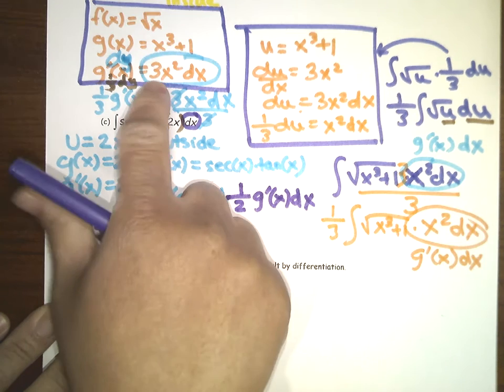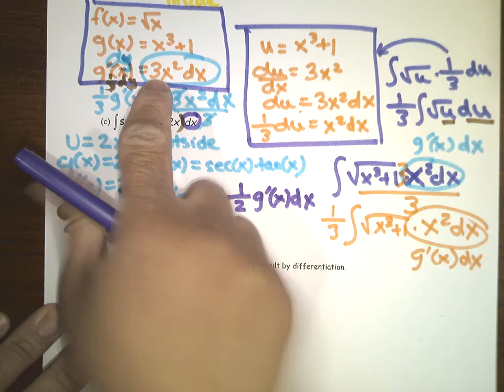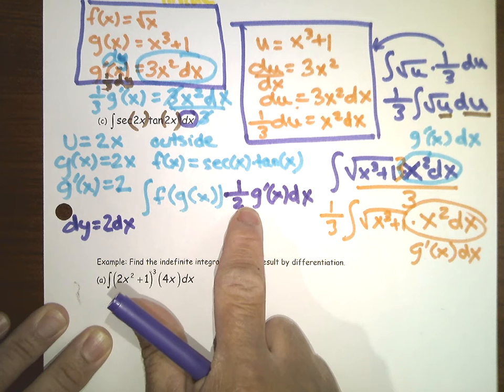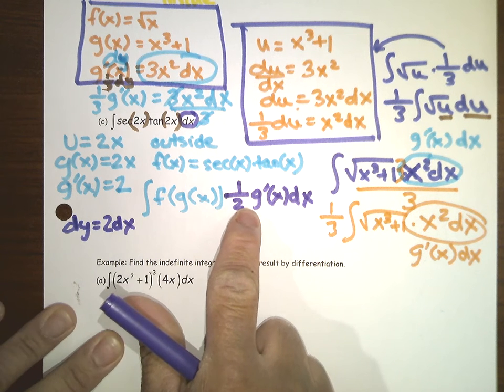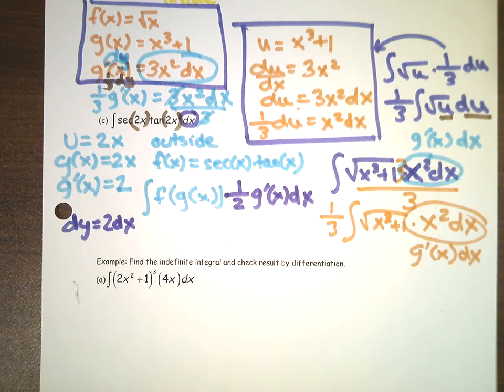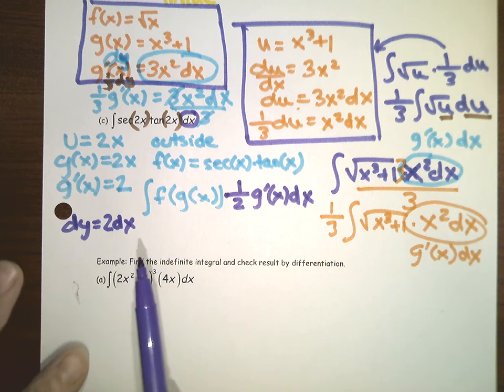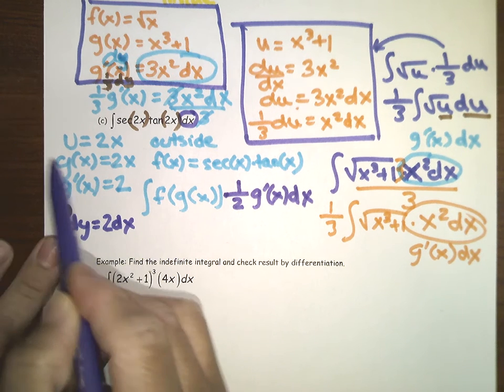So just how I had the 3x squared here, I needed to put 1/3. Since I had a 2 here, I needed to put a half. All right, so that's essentially what is going on here, and there you go. That would be the correct answer.